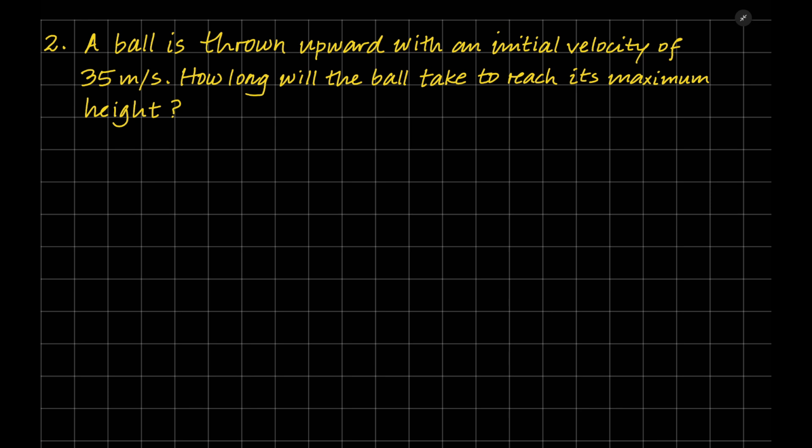Let's draw the diagram of motion. A ball is thrown upward. The initial velocity of 35 meters per second.